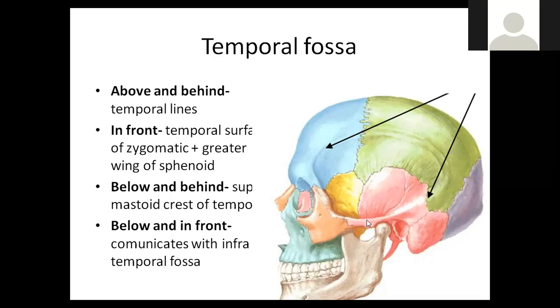Then below and in front, if a bone is there in your hand, you can pass your hand inside the zygomatic arch. You will see it is passing from temporal fossa to infratemporal fossa. There is a big opening through which you can pass your hands from temporal fossa into infratemporal fossa. So below and in front, it is communicating with infratemporal fossa.